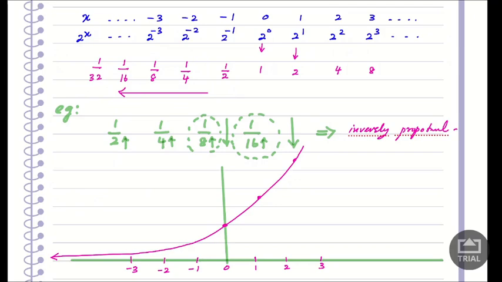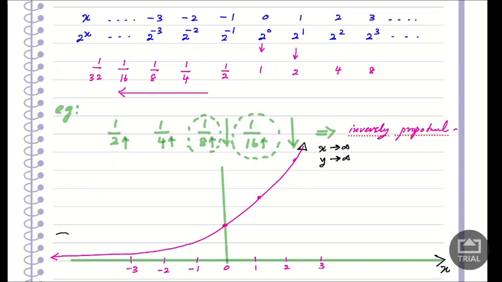So this is how this exponential function 2 to the power x looks like. This is the nature of it, right? When x is going to infinity, y goes to infinity, that you can see.